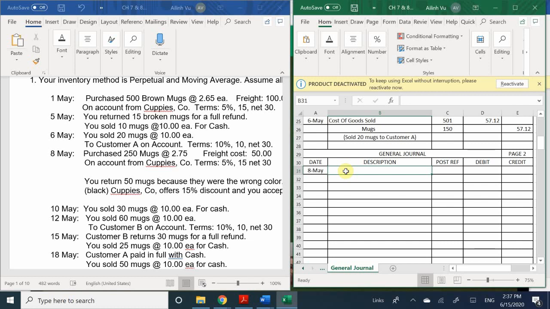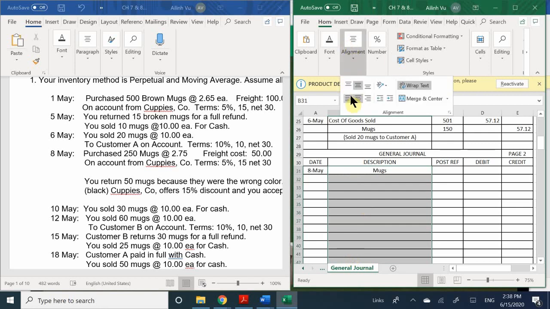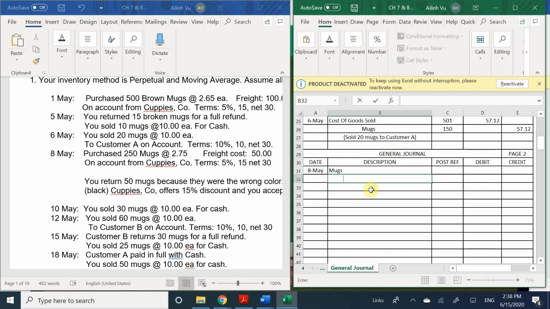First off, what did we buy? We bought mugs. And we know that it was on accounts payable. I can calculate it here, or I can go to the worksheet and calculate it there.